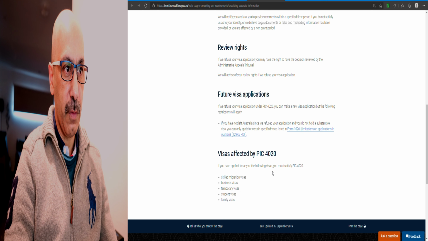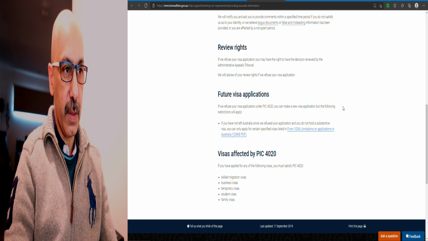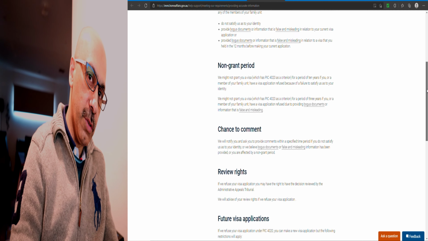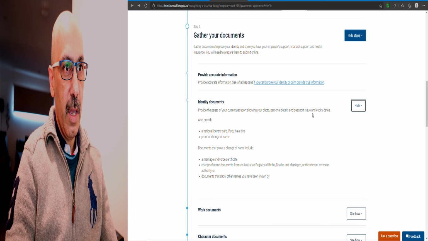If you have applied for any of the following visas, you must satisfy skilled migration visa. Anyway, this information is not for you. Identity documents. Provide the pages of your current passport showing your photo, personal details, and passport issue and expiry dates. Also provide a national identity card if you have one.